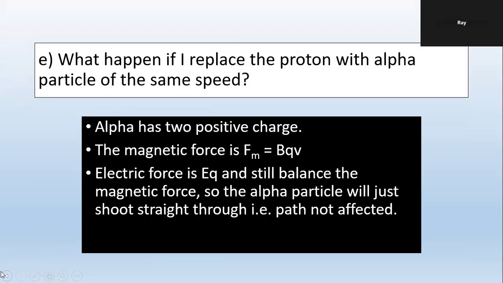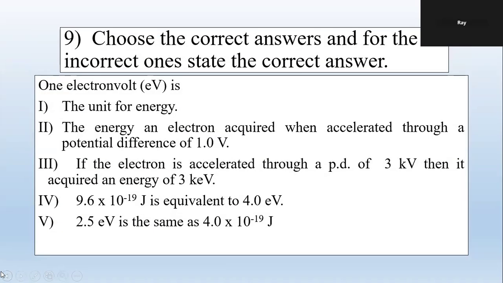Okay, testing you on electron volt. Choose the correct answer, and for the incorrect one, state the correct answer. 1 electron volt is a unit of energy. True or false?